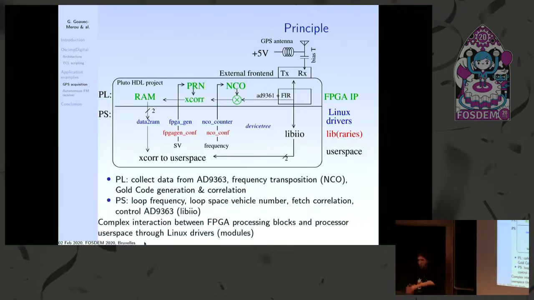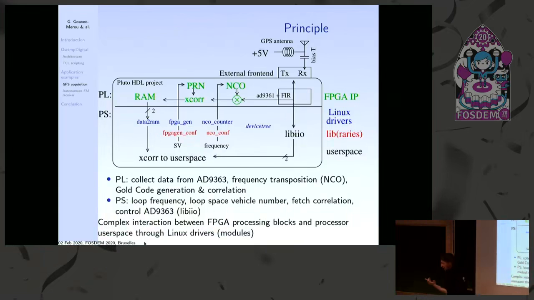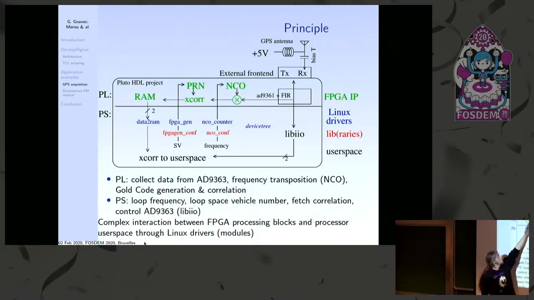This block provides all possible CA codes in parallel. So we use the user space to configure our CA code, to move to loop frequency and to select which PRN we want to use. And you have the cross correlator, and the result is just sent to the RAM and received from the CPU.